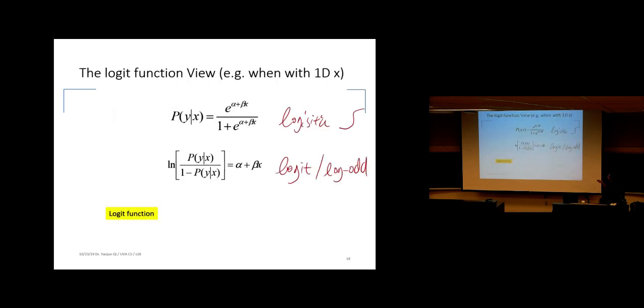Again, you can write it in two different views, either the logit view or the conditional probability view. Let's look at how it looks. We normally call this logit of P(y given x). That's also the reason why this is called logistic regression, because the logit is a linear regression. You assume the logit of this conditional probability is a linear form.